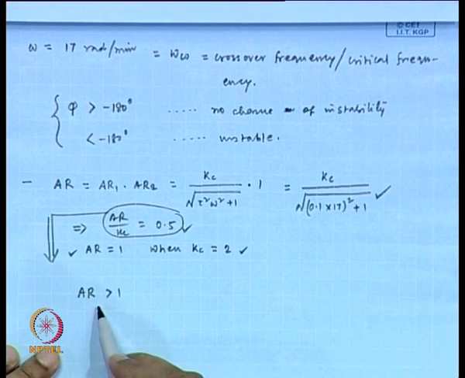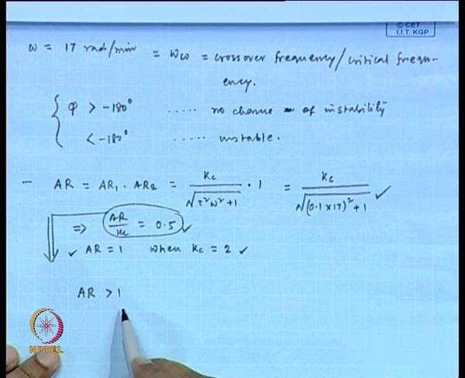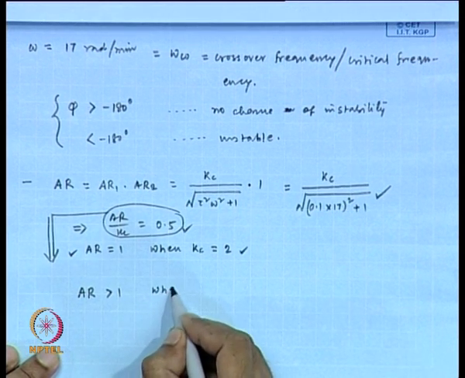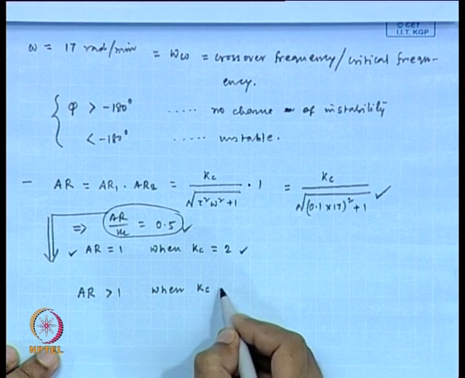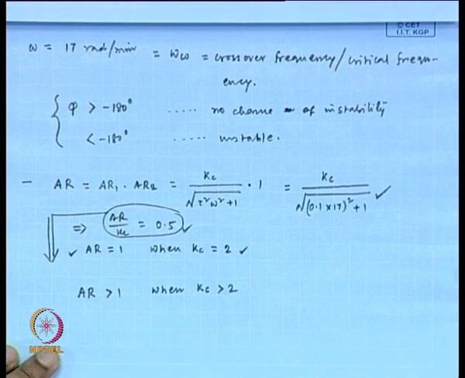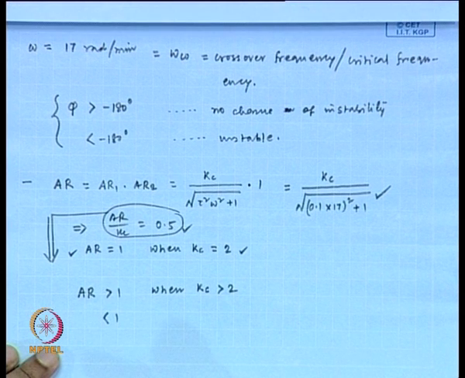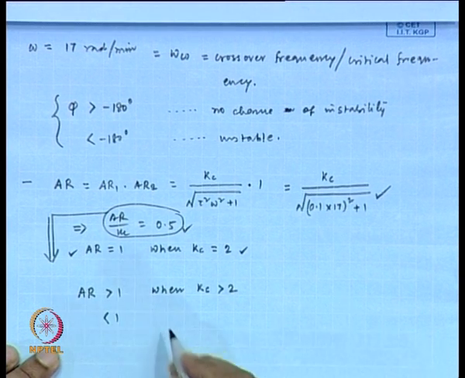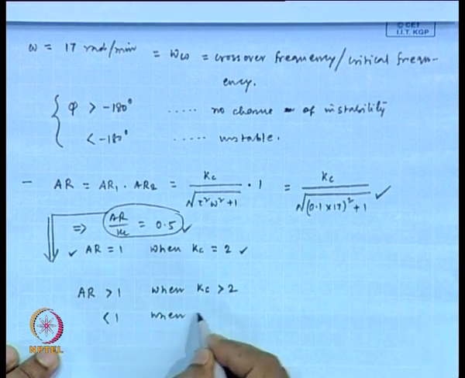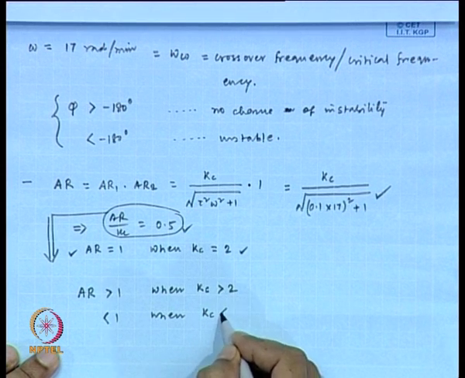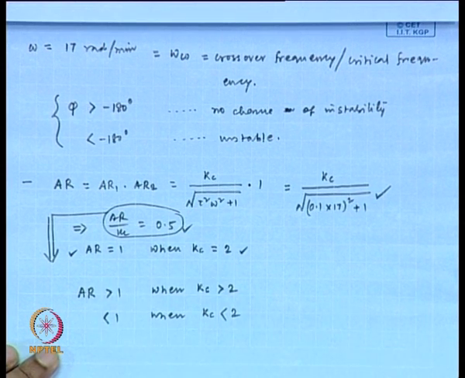Similarly, amplitude ratio is less than 1 when Kc is less than 2.